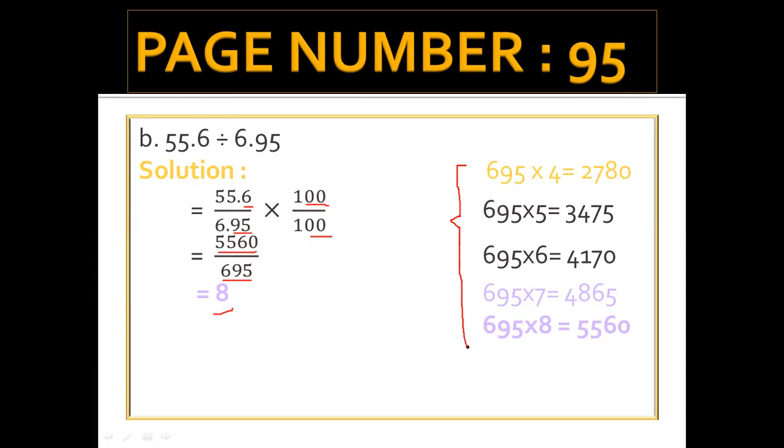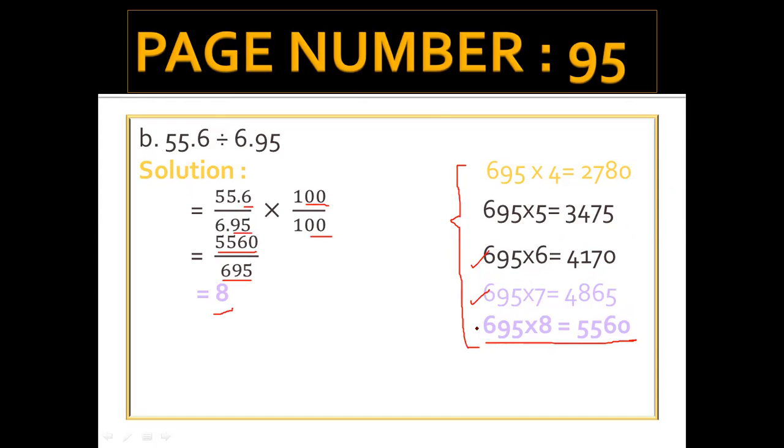The number is greater and it is a little bit difficult. 695 multiplied by 4, then 695 multiplied by 5, 3475. But we need 5560. Again we check after multiplying it with 6. This is not our required answer. Then again we come to the 7.